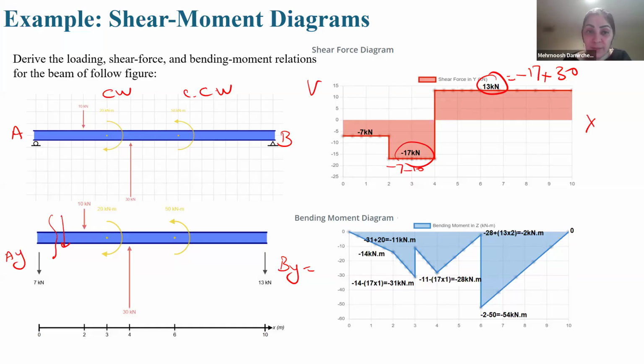For bending moment, the slope of this line should be from here to here. Should be minus 7x, yeah? But what is the area? Minus 7 times the distance between them, times 2, should be minus 14. So we reach to end of this point, this point, minus 14.